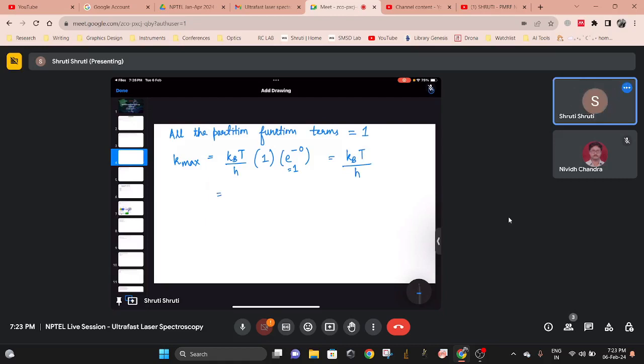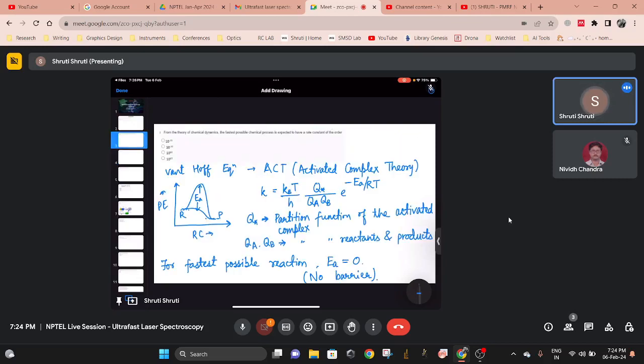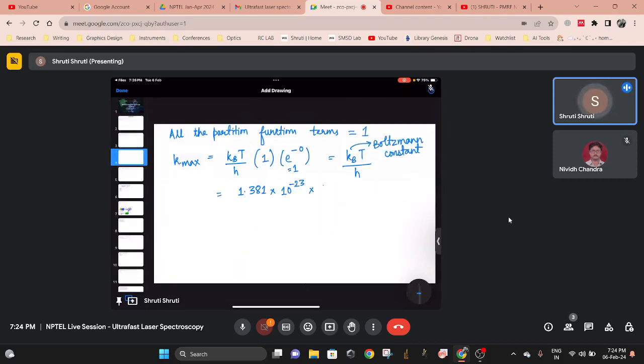Now kB is the Boltzmann constant. Its value is 1.381 into 10 to the power minus 23. The question says the fastest possible; the temperature is not written, but let's take room temperature.